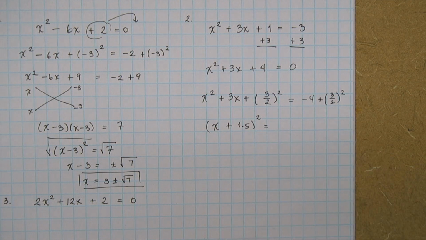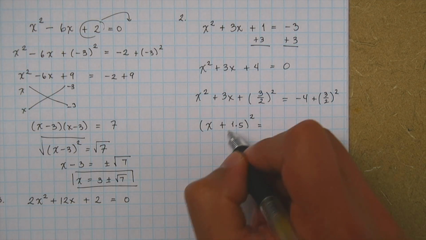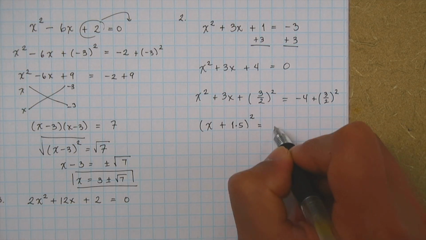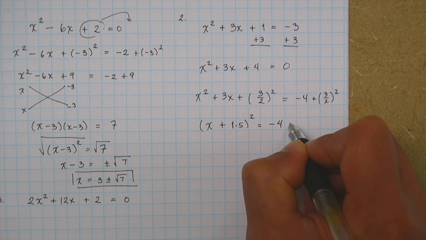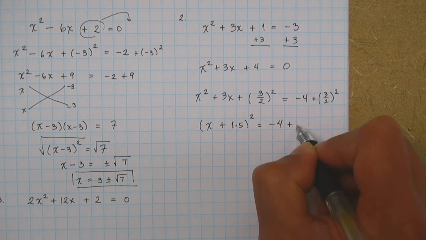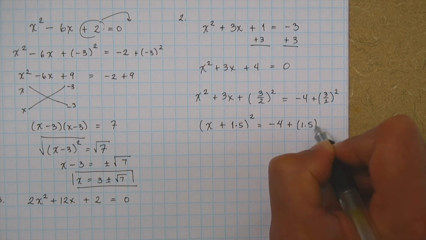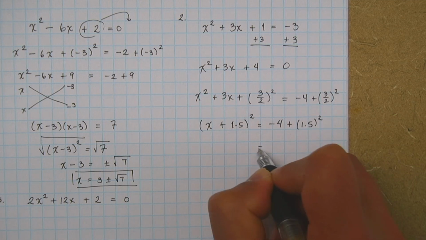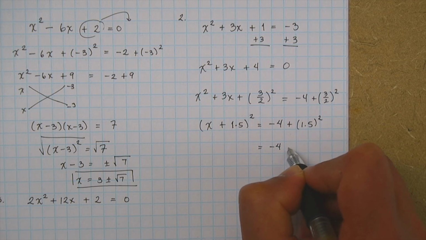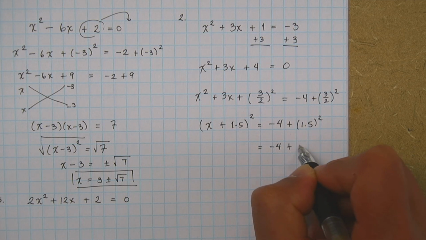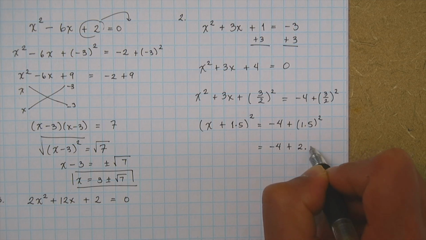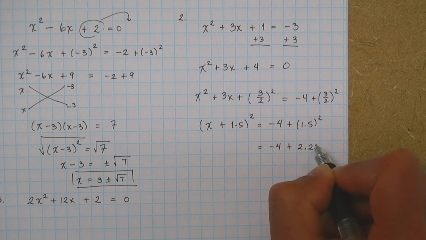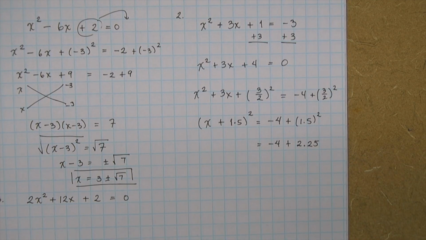I know students don't like decimals or fractions, but we have to learn how to use them. Over here we have -4 plus 1.5 squared, and that's going to become -4 plus 2.25, which is 1.5 times 1.5.